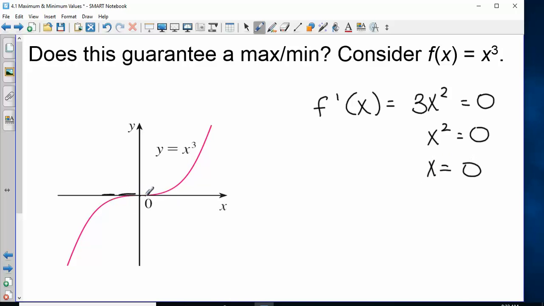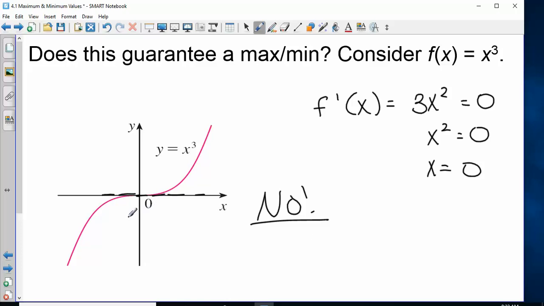This graph has a horizontal tangent line at 0, but is it a maximum or minimum? No. So just because the derivative is 0 doesn't mean it has to be a maximum or minimum. It means it could be. So we will look at when things have a derivative of 0 and then decide if it's a maximum or minimum.